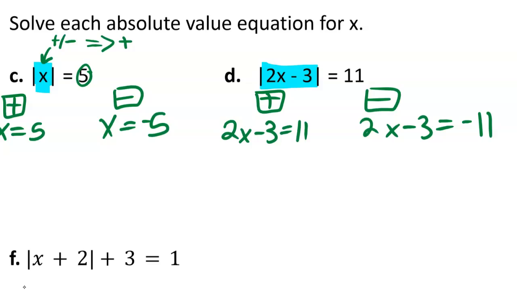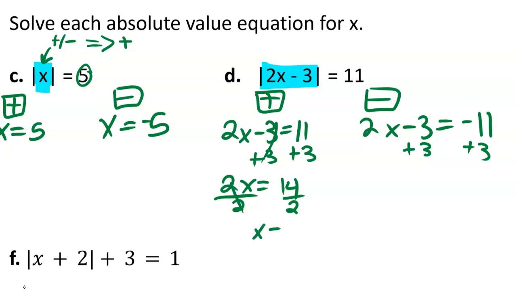Go ahead and solve for x. When you are completed, you should see that x is equal to 7 and also negative 4. Those are our two solutions for D.